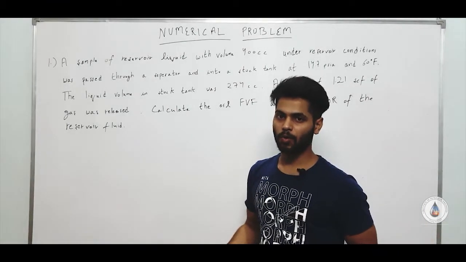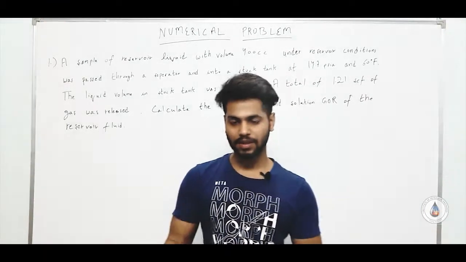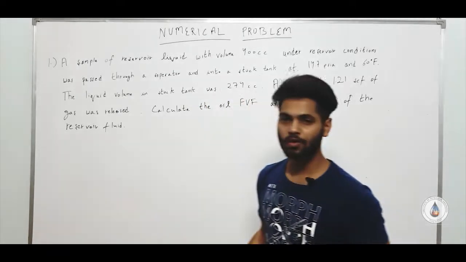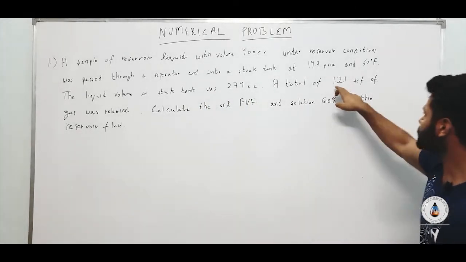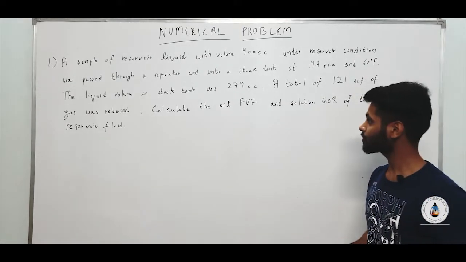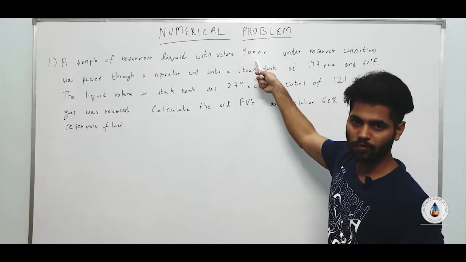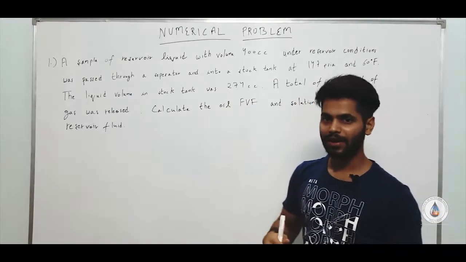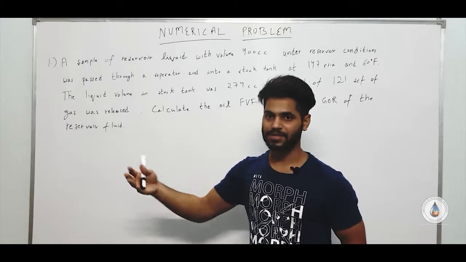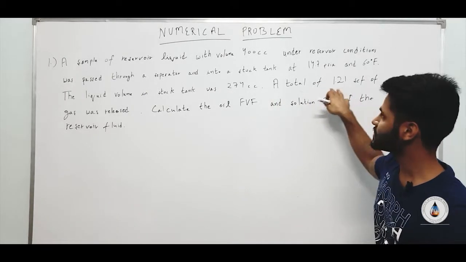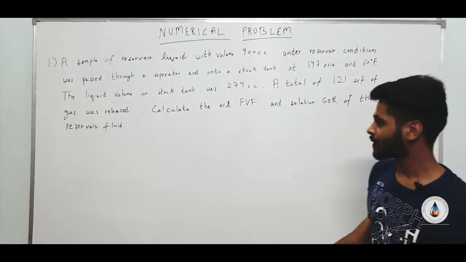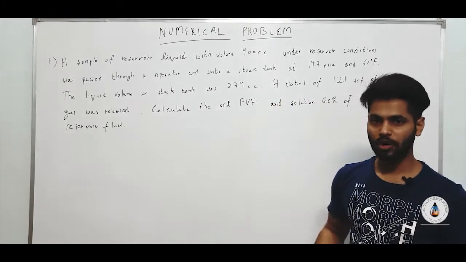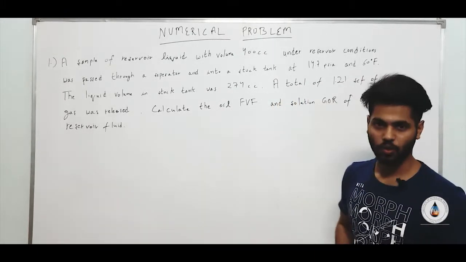This happens because the dissolved gas from the oil has been released, and the amount of released gas is 1.21 SCF. So out of 400 cc of oil at reservoir conditions, 274 cc of oil got produced at the surface and 1.21 SCF of gas was released. Now I have been asked to calculate the oil formation volume factor and solution GOR.